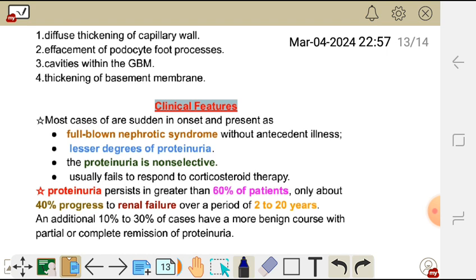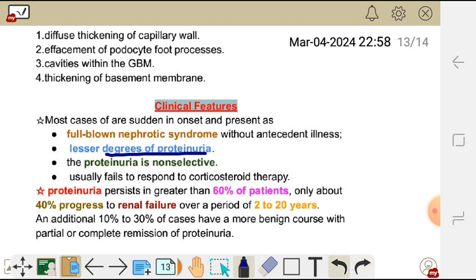Now clinical features. So most cases of this condition are sudden in onset, and they present with full-blown nephrotic syndrome without antecedent illness. Okay, so without any secondary illness, we are going to observe full-blown nephrotic syndrome. Then apart from that, we have lesser degree of proteinuria.